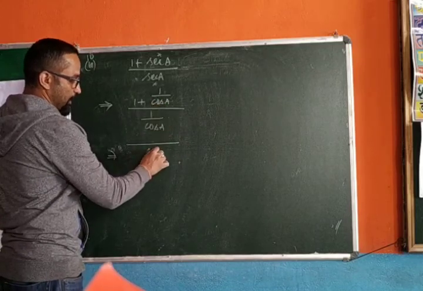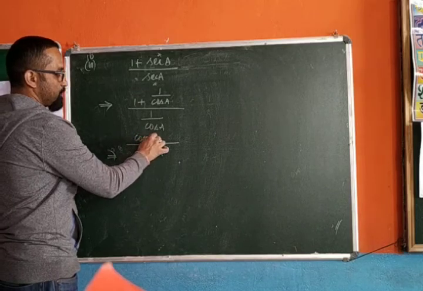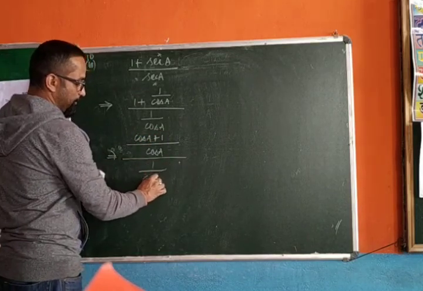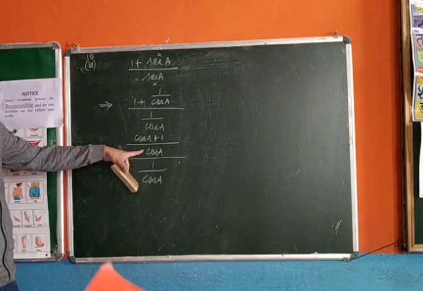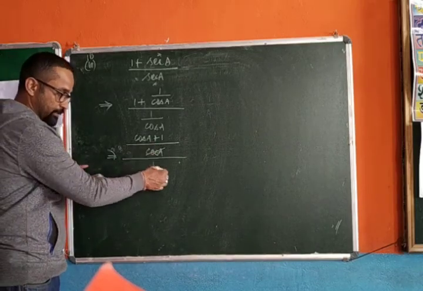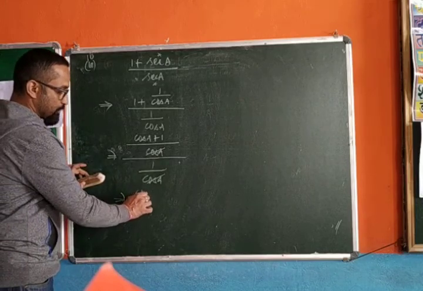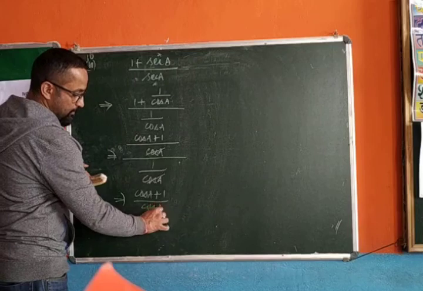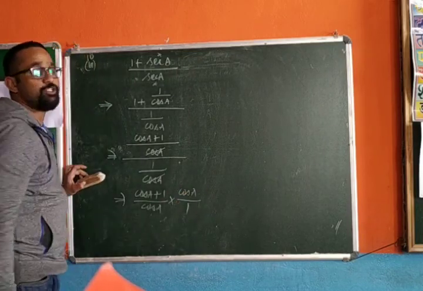LCM is cos a, cos multiplies 1 is cos a, plus 1, divides by 1 upon cos a. Cos A is new denominator, cos A is denominator. You can cancel directly here, or you reciprocate. Cos A plus 1 divides by cos A multiplies cos A divides by 1. Reciprocal.